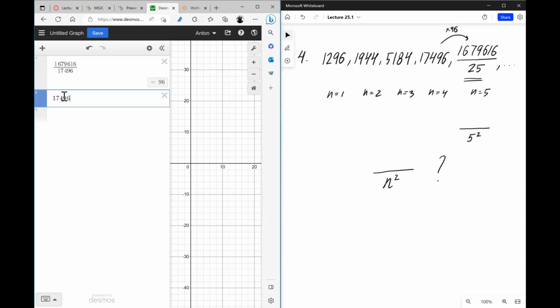So 7496 divided by 5184. Also, what's 1296? It's 36 squared.